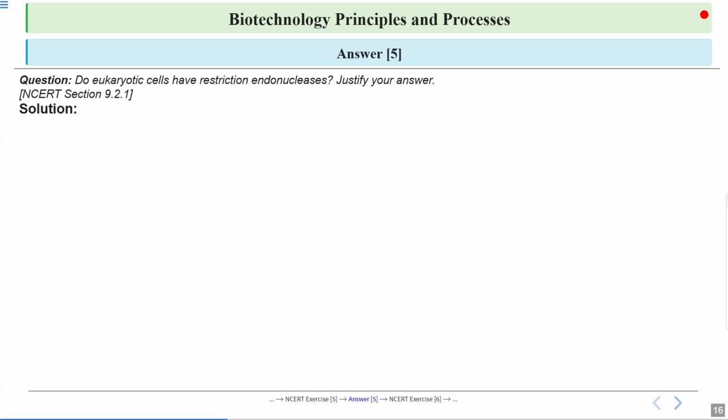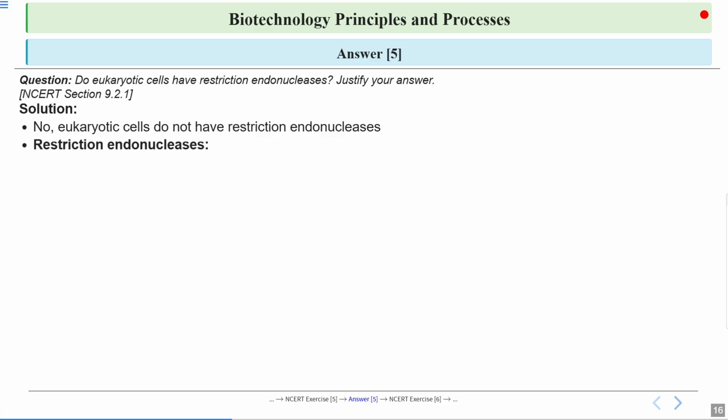Let us see the answer of this question. No, eukaryotic cells do not have restriction endonucleases. These enzymes are primarily found in prokaryotes like bacteria. And you all know that one of the examples is EcoR1. EcoR1 means the enzyme that is found in Escherichia coli, right?